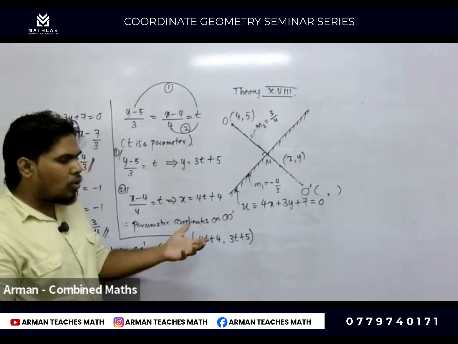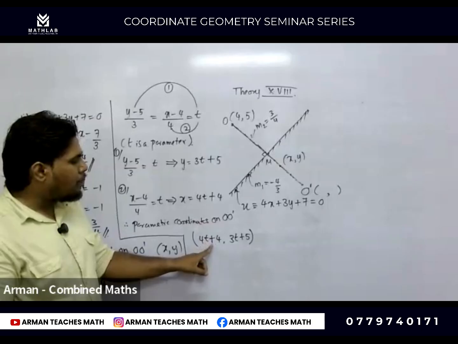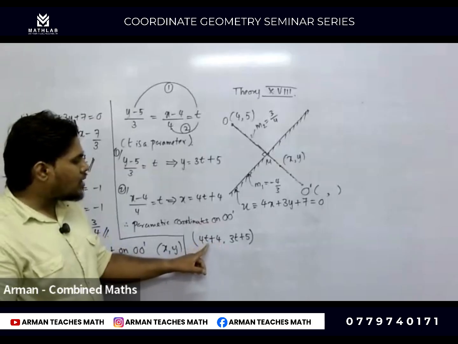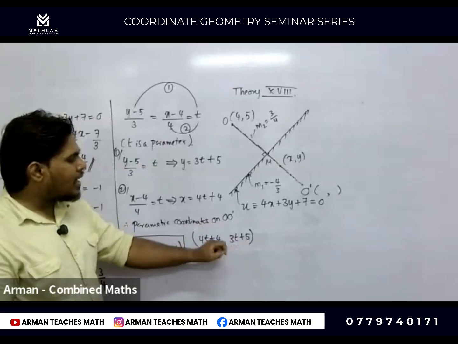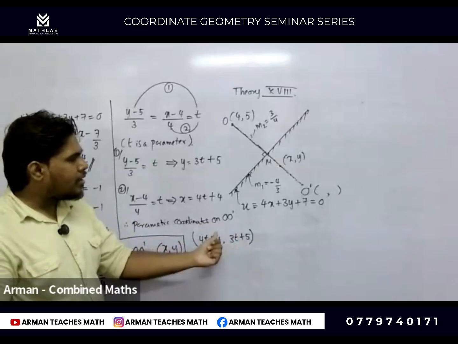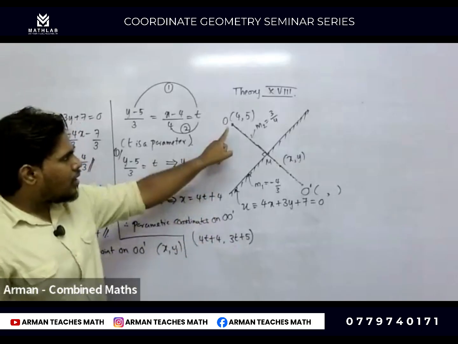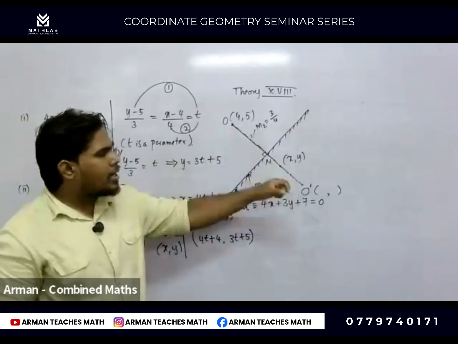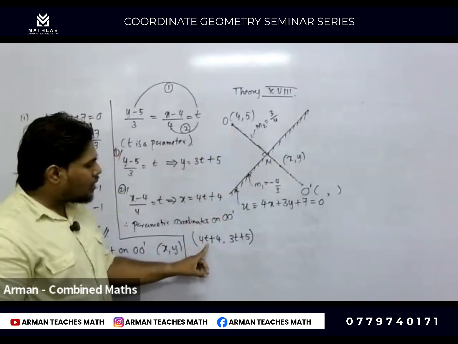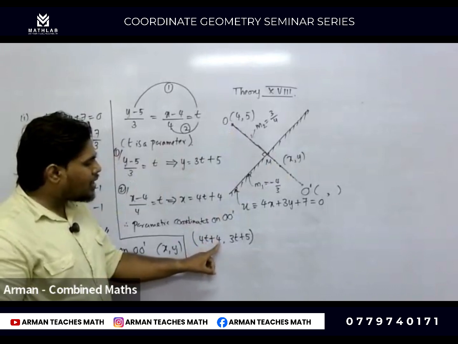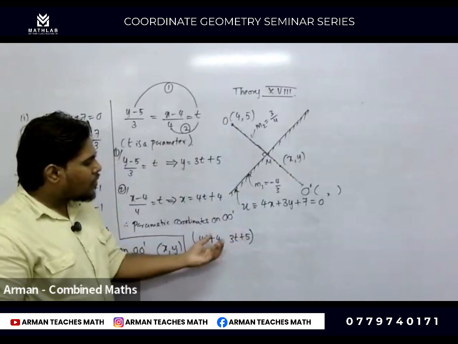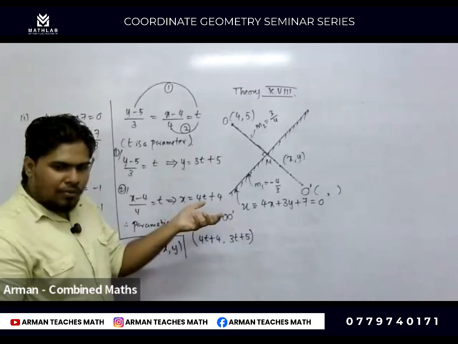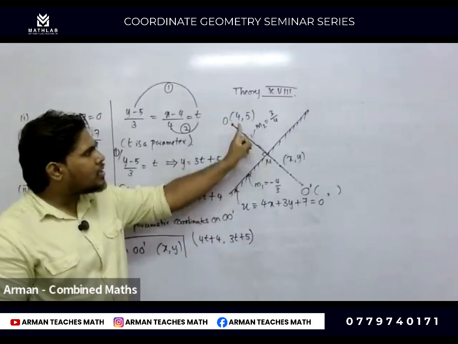When t equals 1, we get 4 times 1 plus 4. 4 times 1 is 4, plus 4 is 8. 3 times 1 is 3, plus 5 is 8. So 8 comma 8. One of the points on this OO dash. When t equals 0, 4 times 0 is 0. 0 plus 4 is 4. 3 times 0 is 0. 0 plus 5 is 5. 4 comma 5, a point on this OO dash.